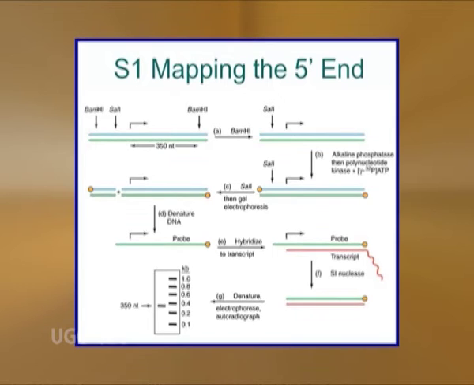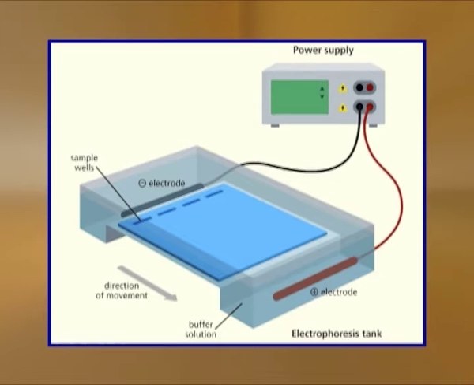Thus, the transcript protects part of the probe from degradation. The size of this part can be measured by gel electrophoresis, and the extent of protection tells where the transcript starts or ends. The DNA probe is labeled at its 5' end with radio-labeled phosphate.